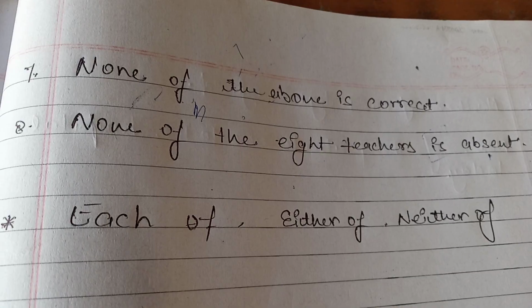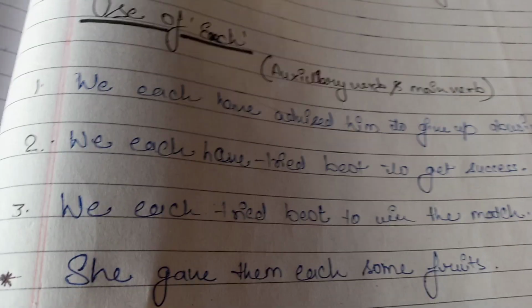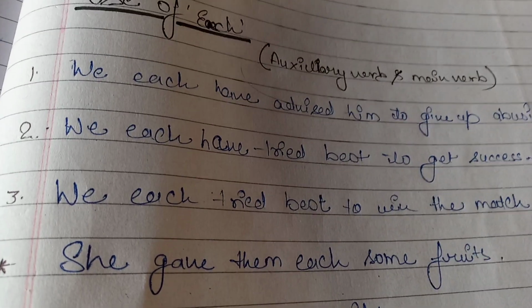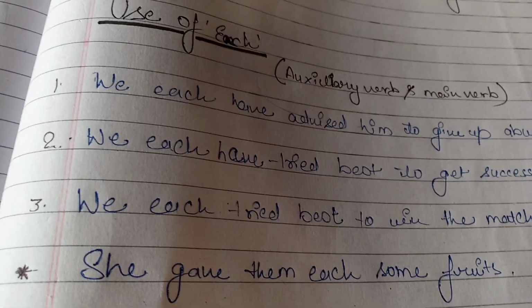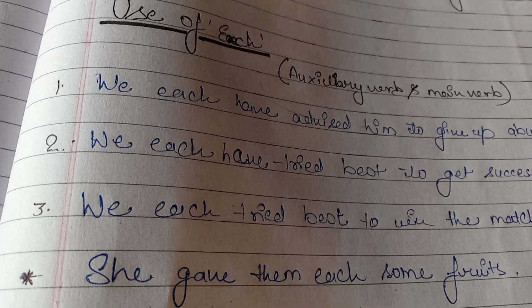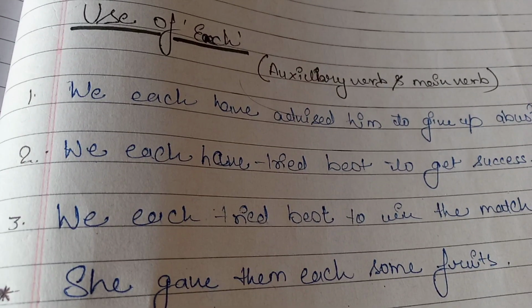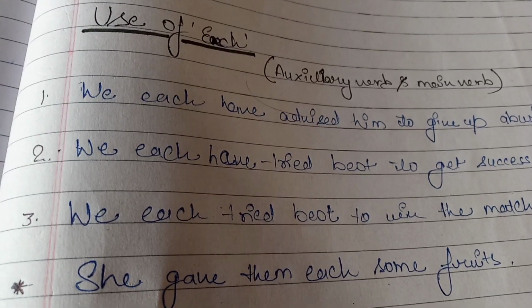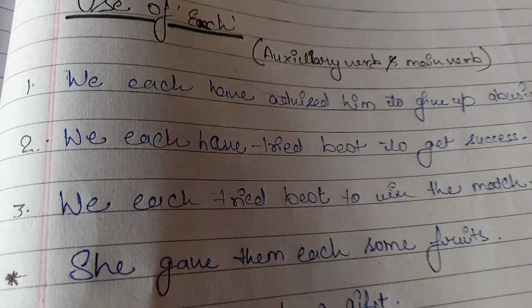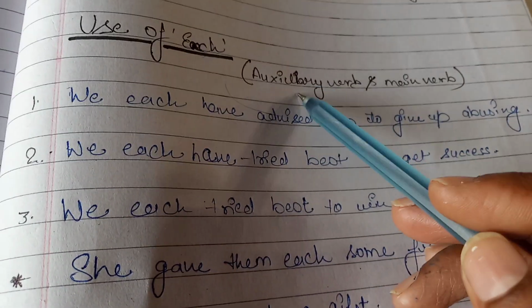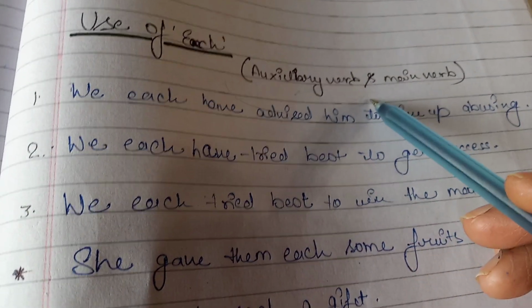So guys, we had learned something about distributive pronouns, where we can use singular nouns, where we can use plural nouns, and how we can use each, either, neither and none. Here we shall see something very important related to the use of each, like auxiliary verb and main verb.